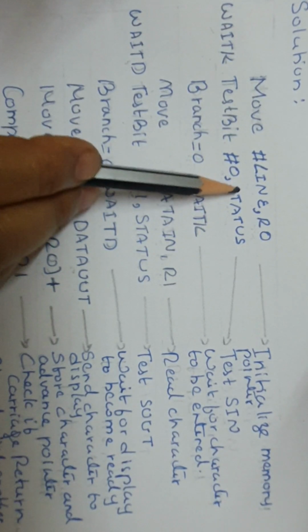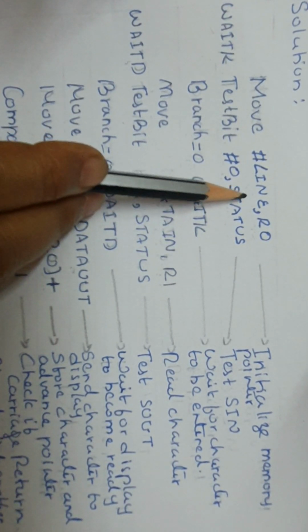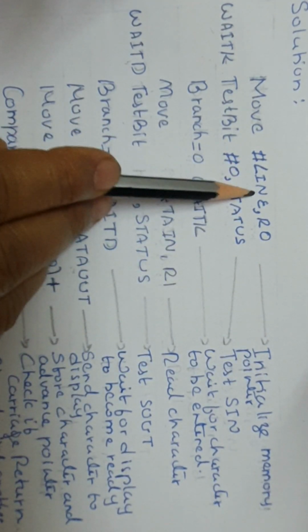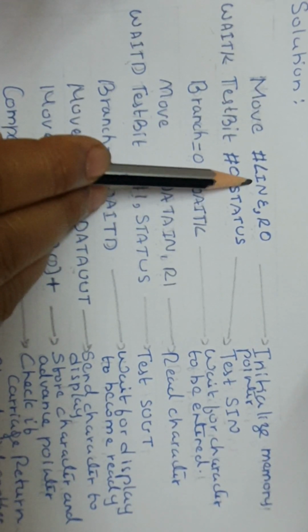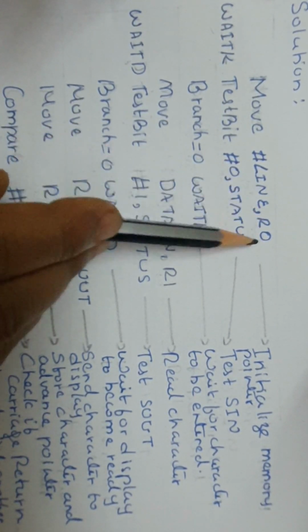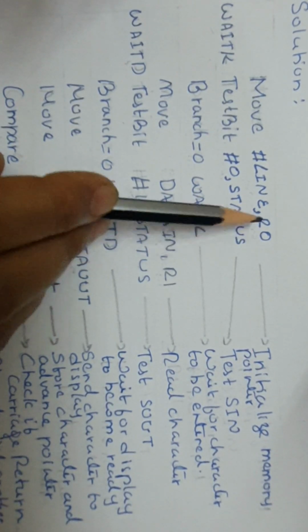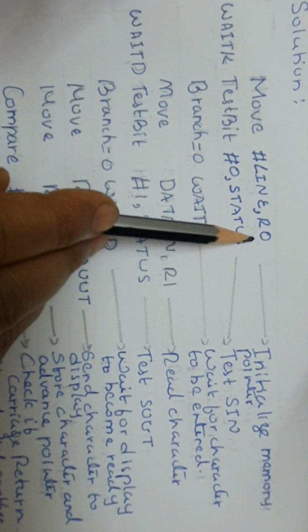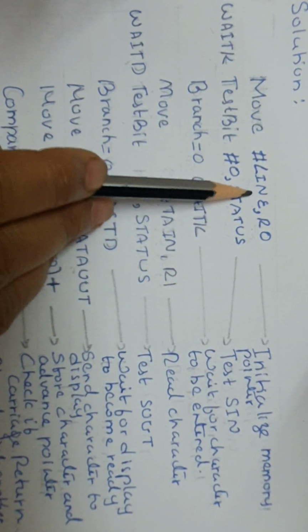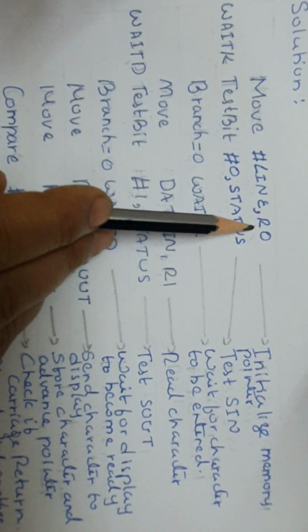Means from the keyboard, what character is read, in which memory location it must be stored. #line is the starting address of the buffer where the line of characters will be stored. That address is copied into R0. Hence the R0 register is made a pointer to the memory buffer.